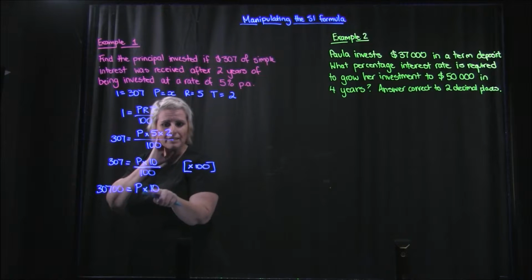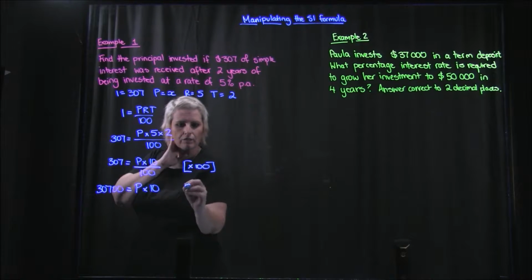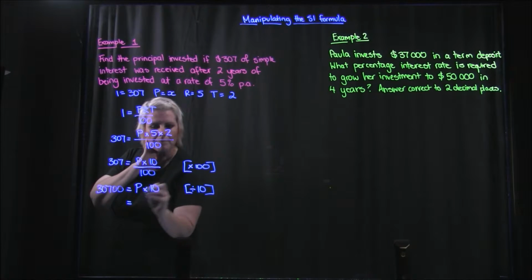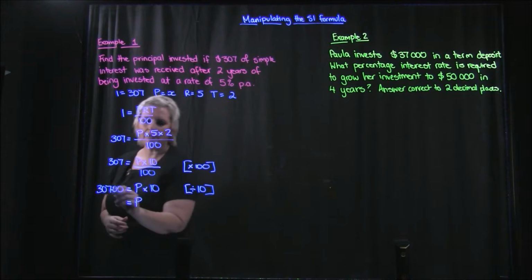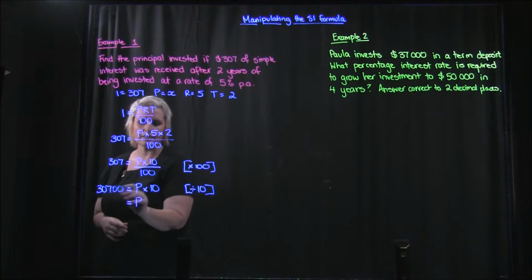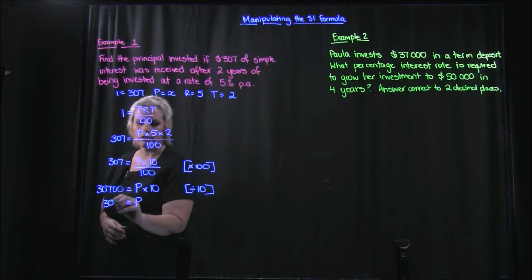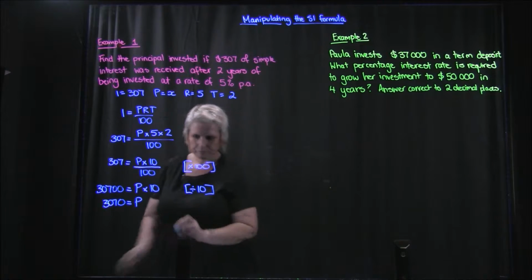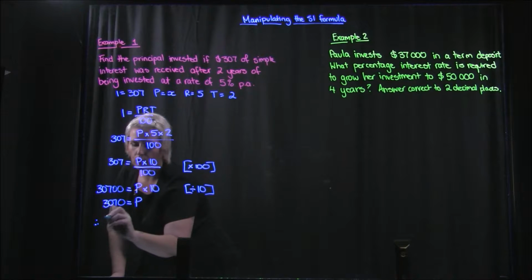Okay, I still don't have P on its own. I've still got this multiplied by 10. So if I'm multiplying by 10, the inverse of that is to divide by 10. So if I divide by 10 here, that cancels that out, leaves me with P. And that just means I need to divide this number, 30,700, by 10. So that just crosses off one of those zeros, 3070. Therefore, and that's it.